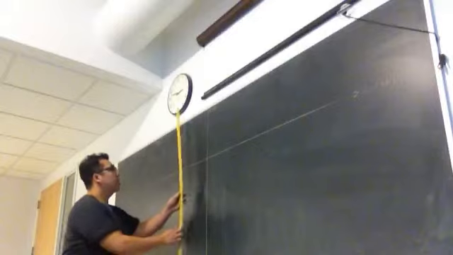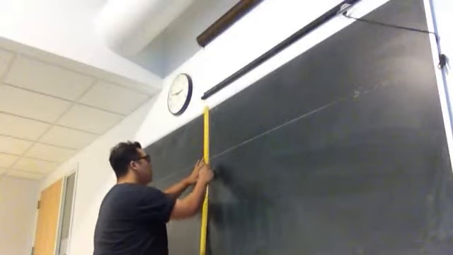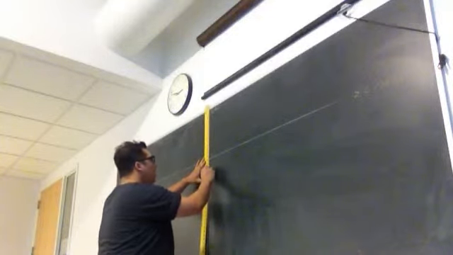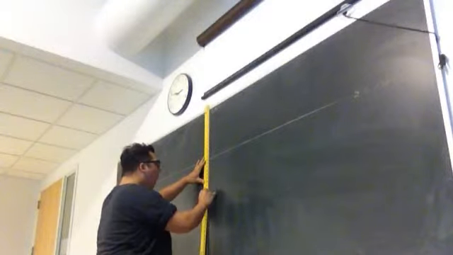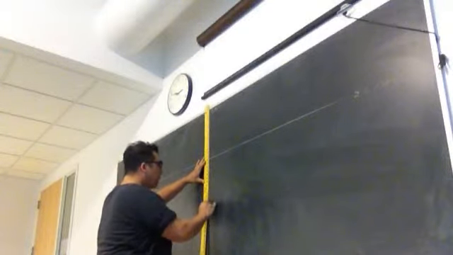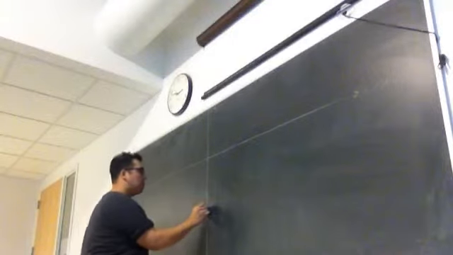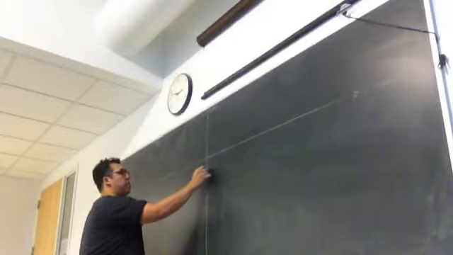Establishing a ground plan. Alright, how far do you guys wanna go for a ground plane? 4? Four. Alright. 1, 2, 3, 4.